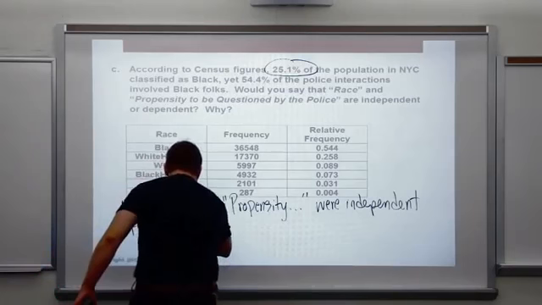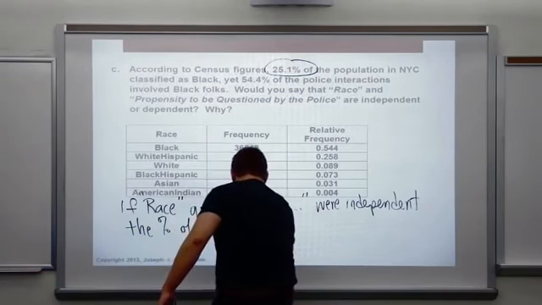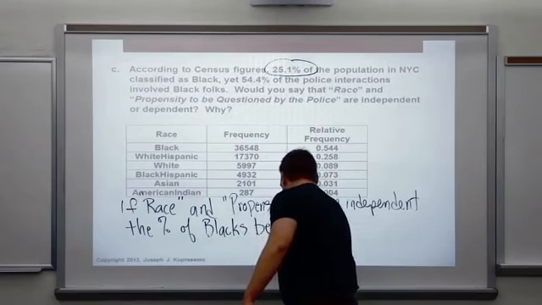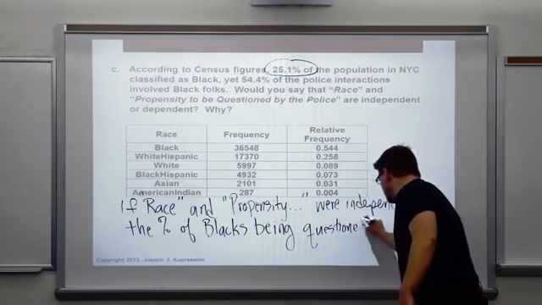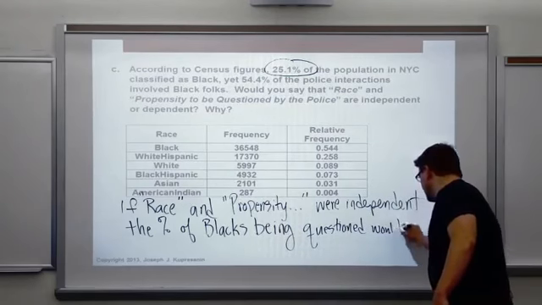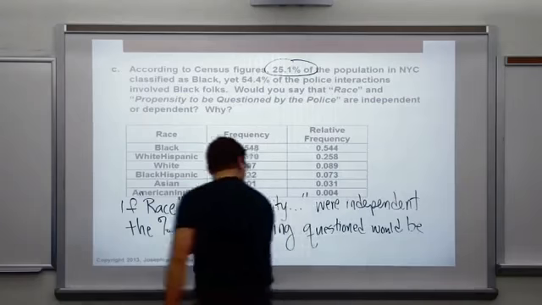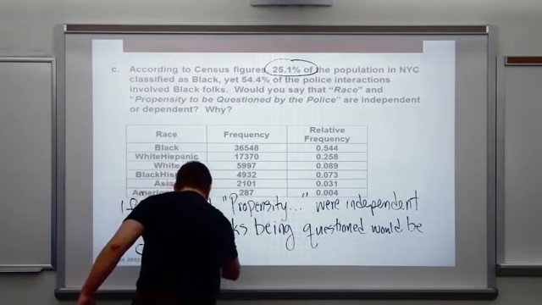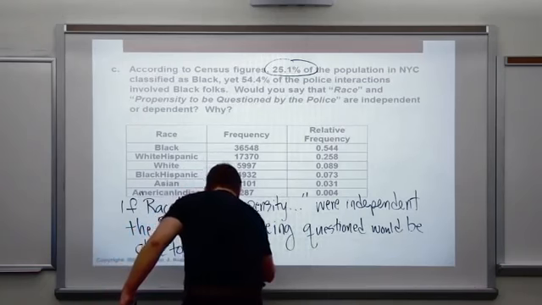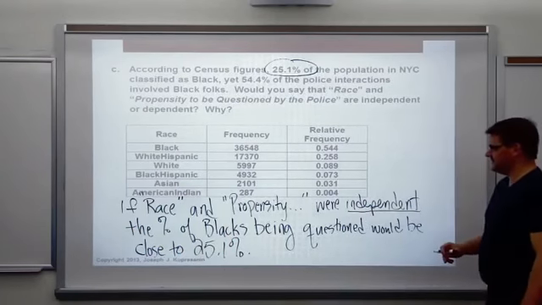The percentage of blacks being questioned would be close to 25.1%. That's if they were independent.